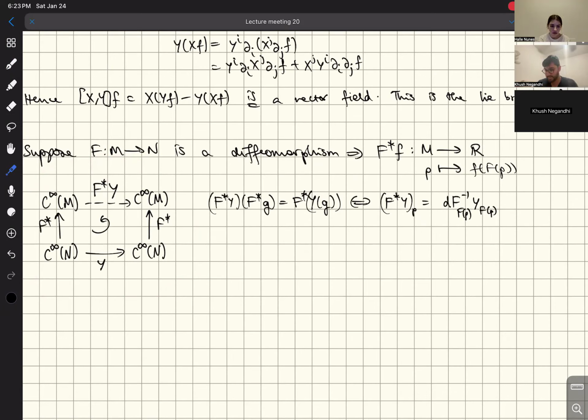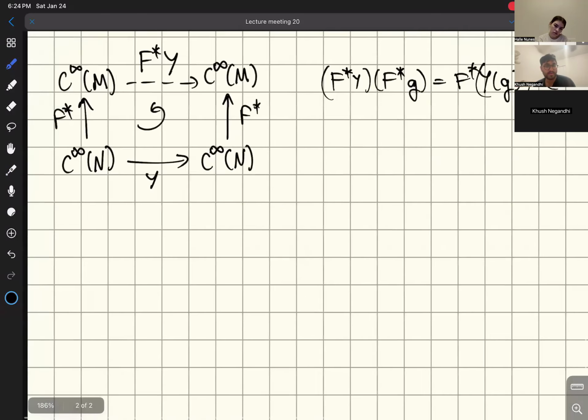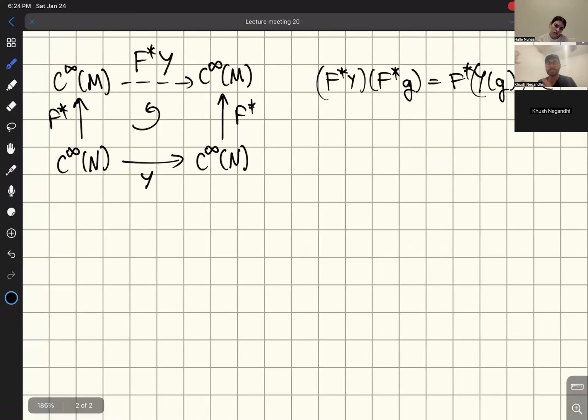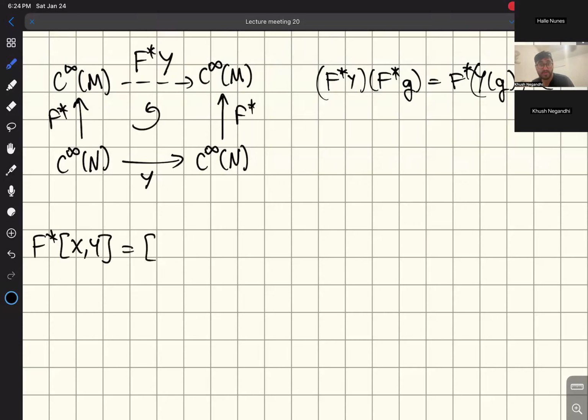In the exercises in the problem sheet, I've asked you to prove a similar property. We'll now make use of the fact that if I take the pullback of the commutator of X and Y, this is the same thing as taking the commutator of the pullbacks.